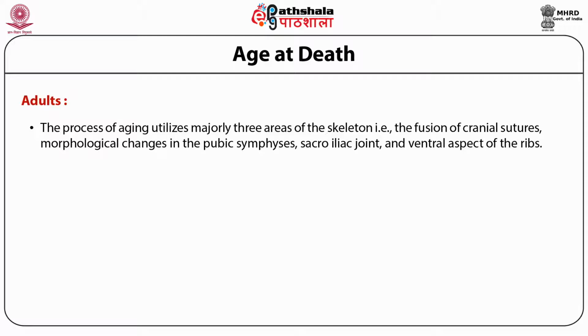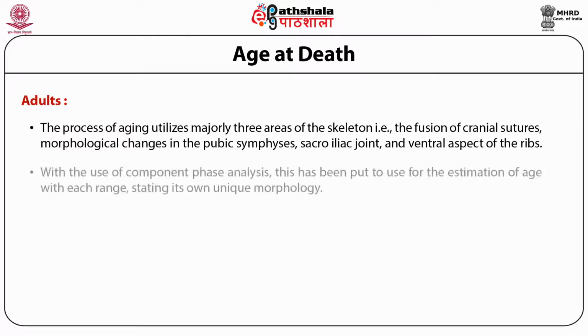The epiphyseal morphology of the ventral demiface of the pubic symphysis undergoes an extended period of age-related changes up to 35 to 40 years. With the use of component phase analysis, this has been put to use for the estimation of age, with each phase stating its own unique morphology.